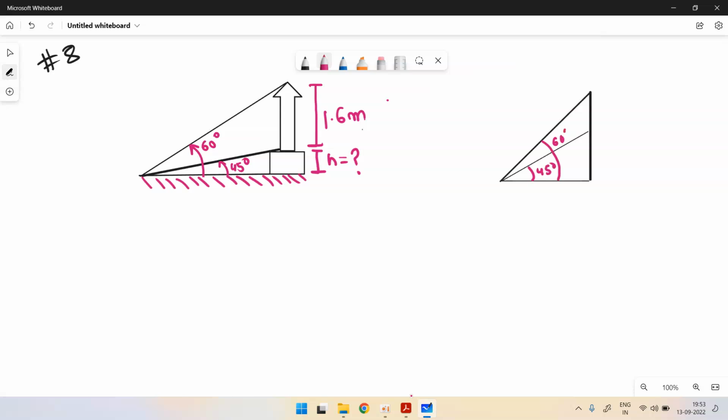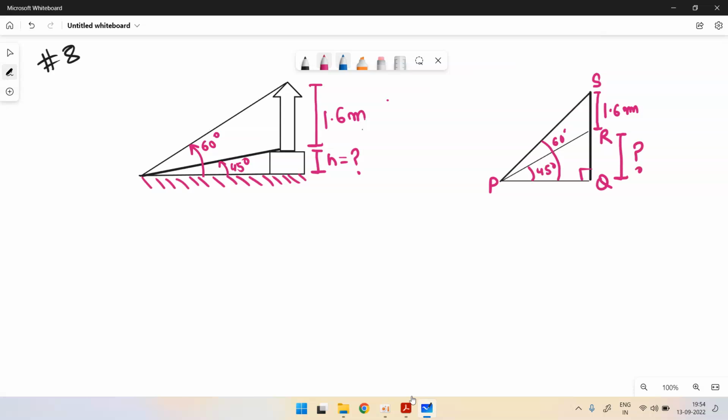Remember that you need to use both of these angles, which are given in the question, and it is given that this much height is 1.6 meters. This is 90 degrees. Let us suppose this is point P, this is Q, this is R, this is S. And this RQ you need to find.